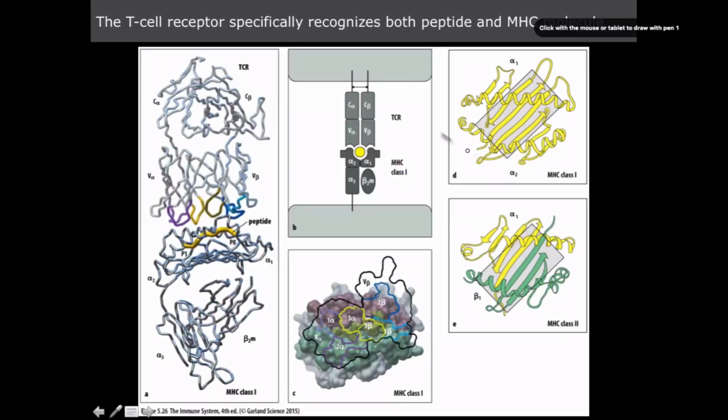Okay, so T cell receptors are specifically designed to recognize both the peptide and the MHC molecule. I've stressed that, I think, already. Here we see the T cell receptors interacting with the antigen sites of the peptide as well. Also, it's the T cell receptors themselves, not just the co-receptors.